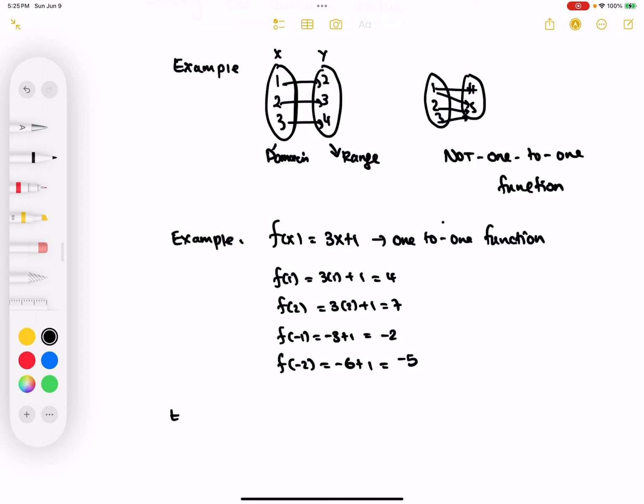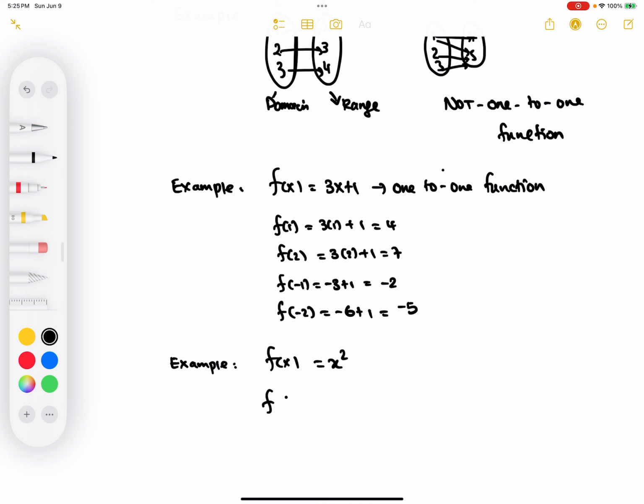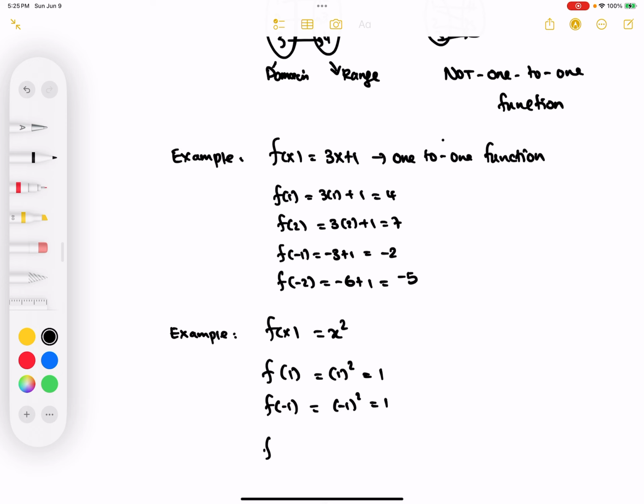However, for example, let's say f of x is equal to x squared. Now, f of 1 is 1 squared. F of negative 1, again the same thing, negative 1 squared, which is in both cases 1. If you just take f of negative 2, this is negative 2 squared, which is 4. F of positive 2, again 2 squared, which is 4.